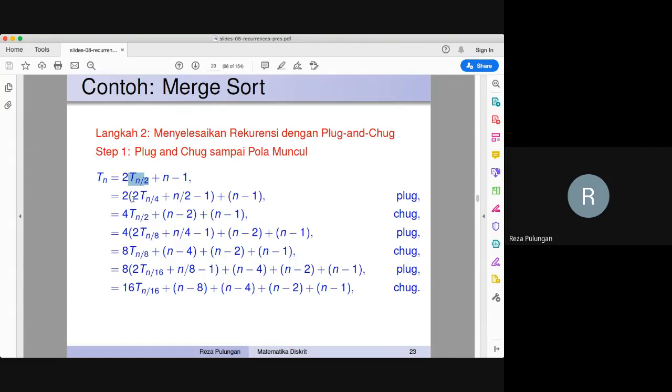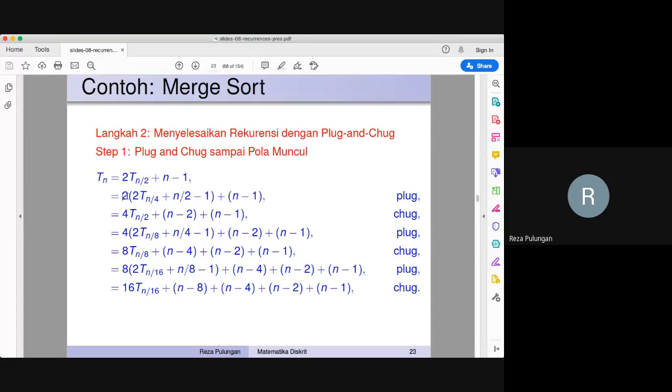What do we do next? Simplify, chug it. If you simplify this, 2 multiplied by 2 becomes 4 T(n divided by 4). Well, I'm sorry about this, this is supposed to be n divided by 4. And then, what else do we need?